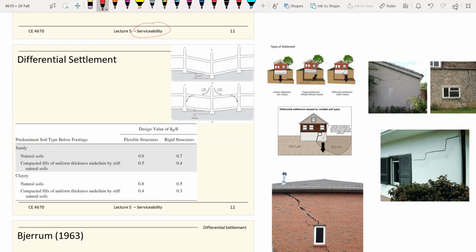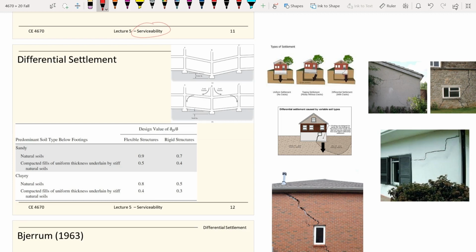So imagine there could be some soft soils at a certain spot, and one spot underneath the columns, like this one here, settles more than the other columns. So you will create structural problems on the slab or the connections between the structure.